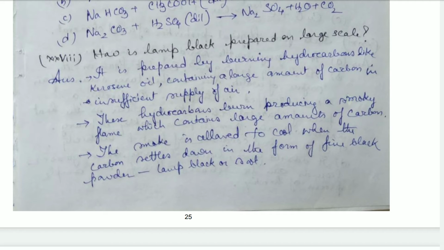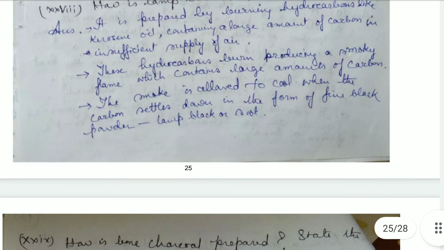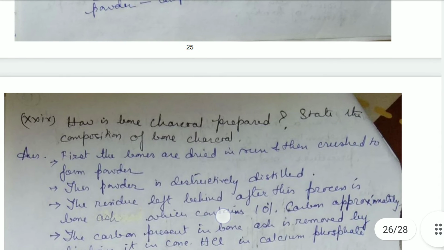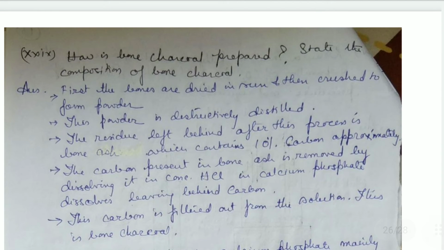The smoke is allowed to cool, when the carbon settles down in the form of a fine black powder. That's our soot.